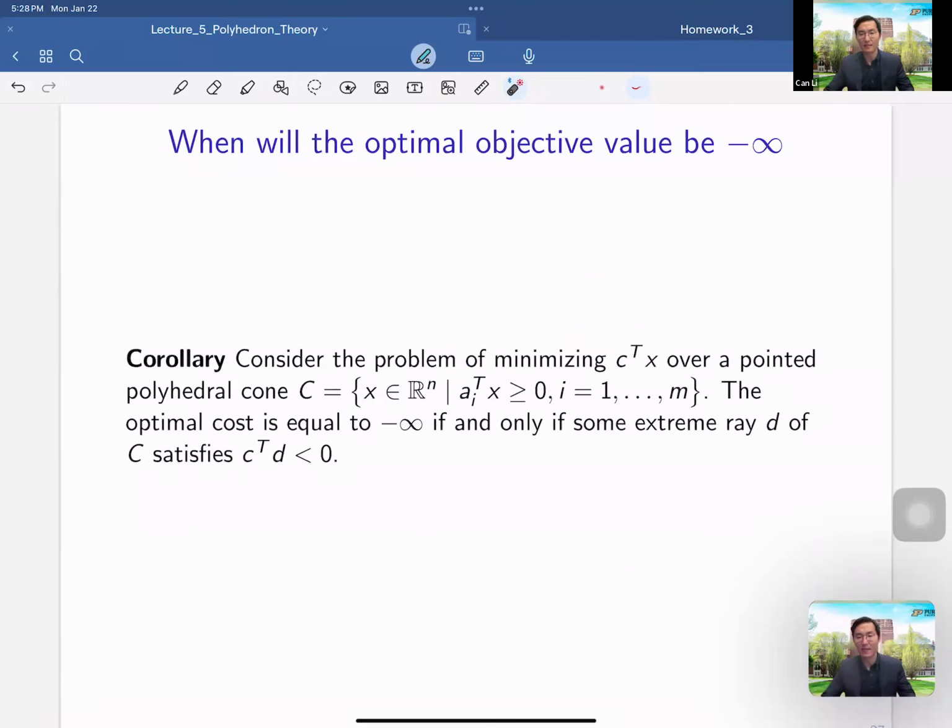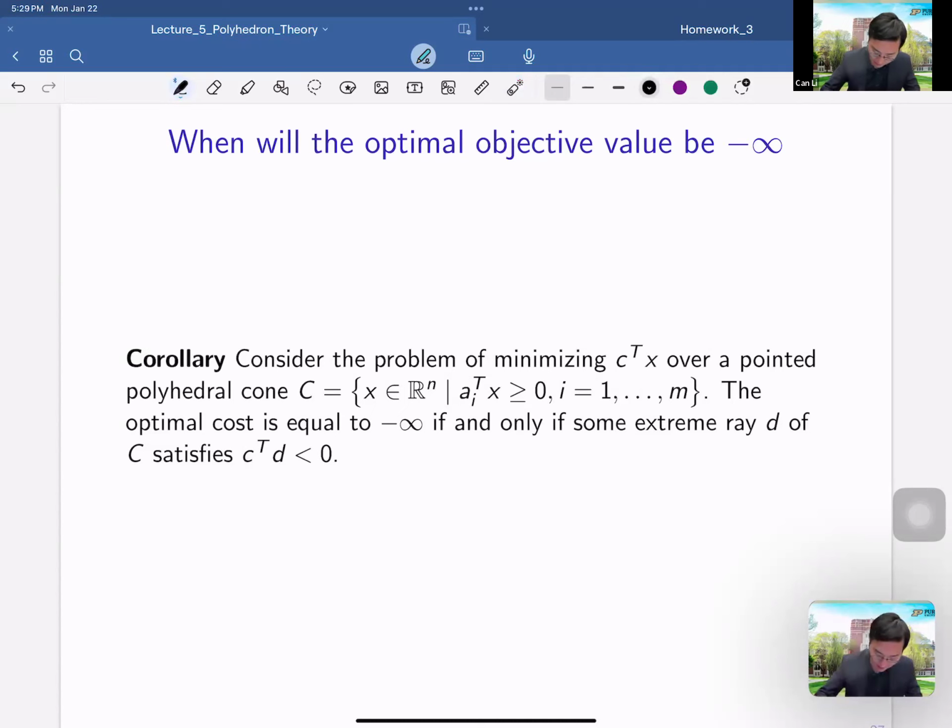So here's another corollary, which is very useful in practice. If we consider a problem over a pointed polyhedral cone, then the optimal cost is equal to minus infinity if and only if there exists some extreme ray d such that c transpose d is negative. Why is that the case?